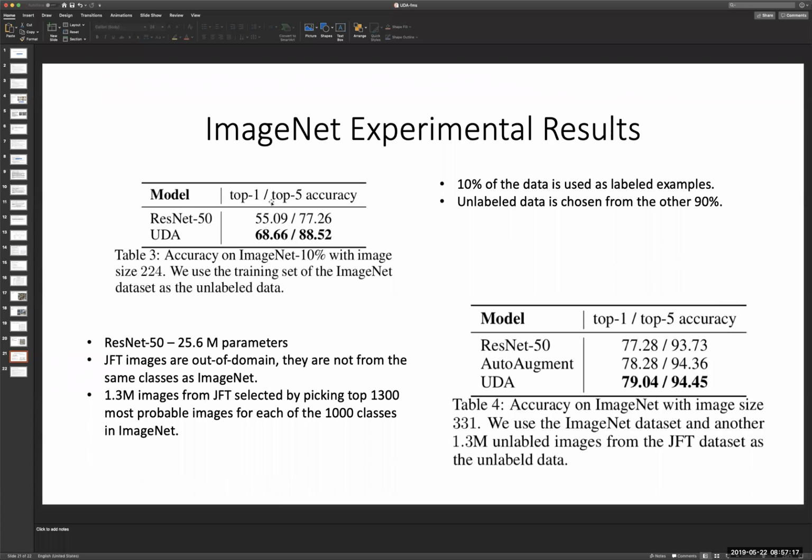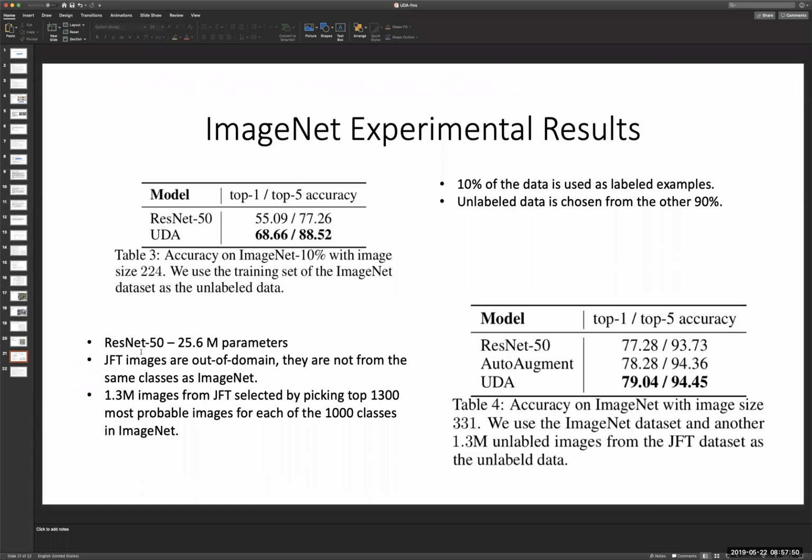And ImageNet typically has two statistics, the top 1 and the top 5 accuracy. So here are the numbers. But after using the UDA algorithm, we can reduce that. Still, it's a ResNet 50 model, but it's using unlabeled data to improve that. And it's significant. So the 10% of the data is used as labeled examples, and unlabeled data is chosen from the other 90%.